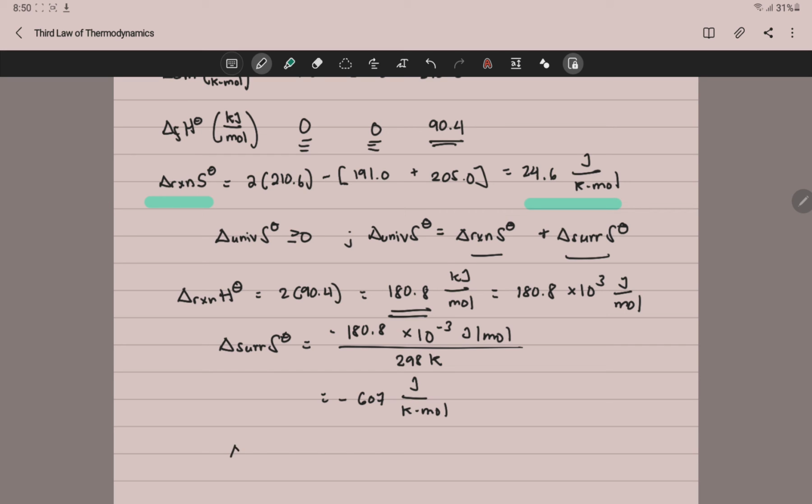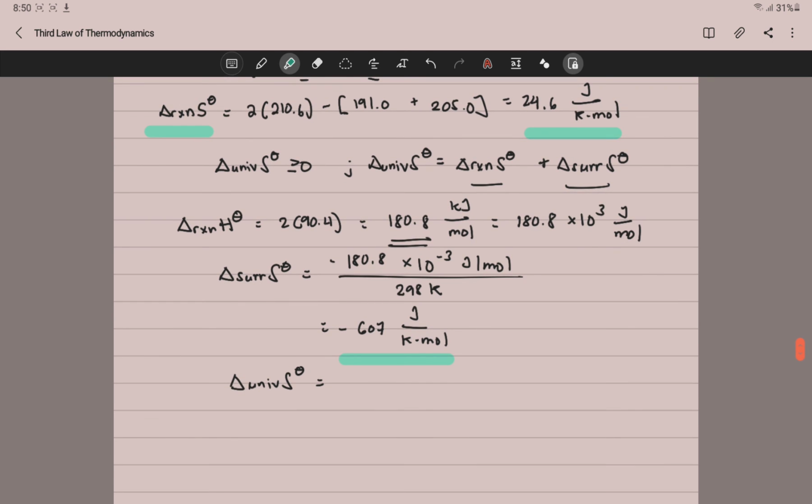So finally, we can get the entropy total, which is the sum of the entropies that we obtain. So yung una is 24.6. Tsaka yung sa surrounding naman is minus 607.